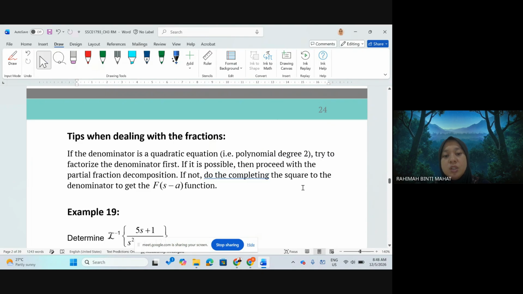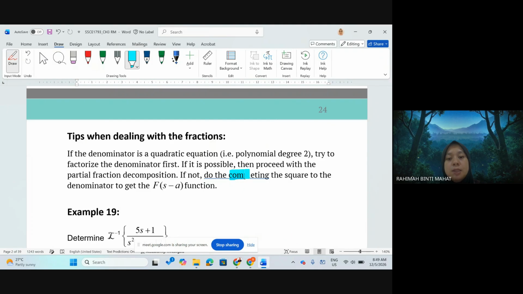If not, do completing the square on the denominator to get the F(s minus a) function. So if there is a quadratic equation, your first step is to try to factorize. However, if the equation cannot be factorized completely, you need to do the completing the square.